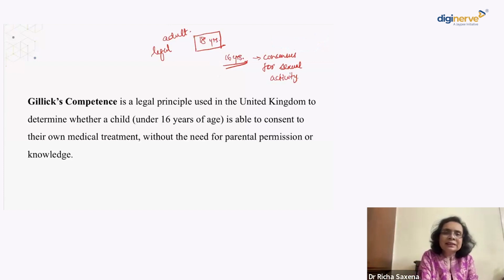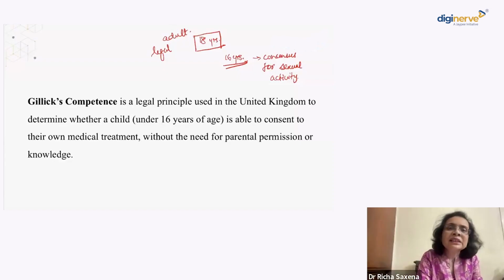So after 16 years, if the child wants to indulge in sexual activity, it is not considered illegal or wrong. And she or he has the capability to give their consent for the same.